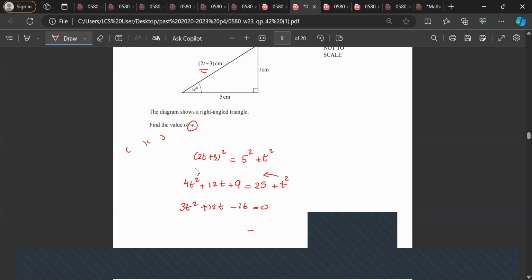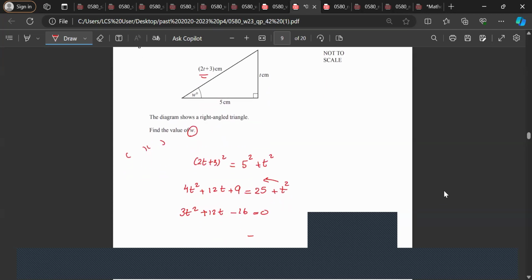It's getting decimal. I just wanted to check if it is the right decimal or not. Let me calculate it again. Yes, nothing wrong. I thought it was wrong. Okay, so I will get t as 1.055 or t as negative 5.055.